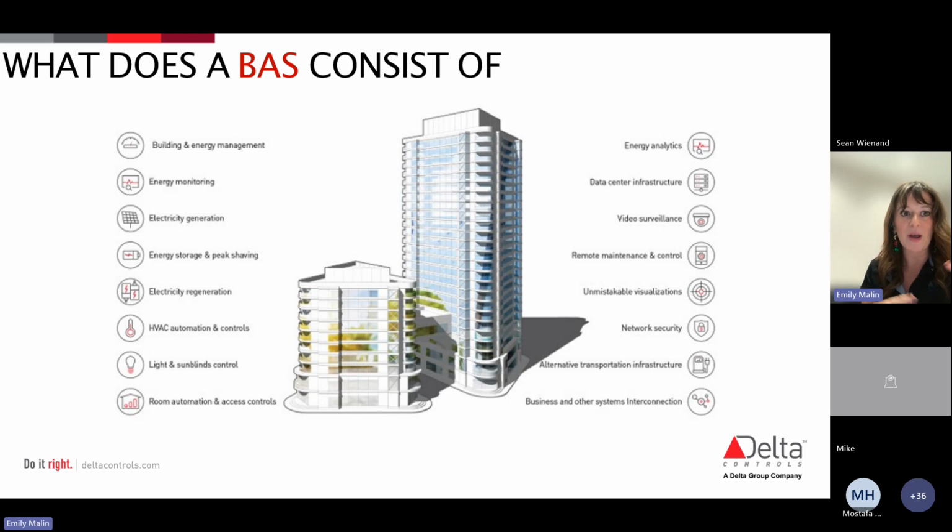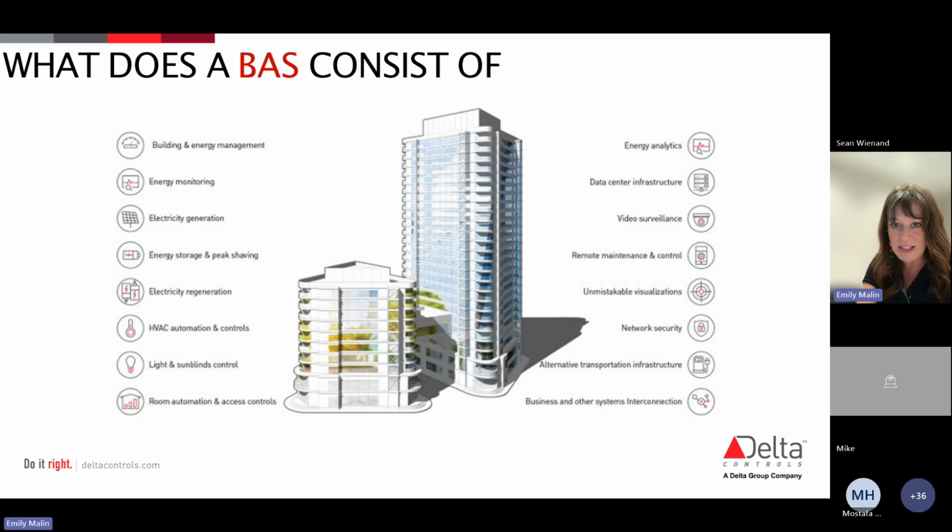We see this as building and energy management. We see this as EV control, HVAC control, lighting control, access platforms. So we put up this slide here to say that a BAS system now is becoming more and more intelligent, more and more connected, and more integrated. So we're not just talking your traditional HVAC control anymore. We're talking more along the lines of a smart building, right?